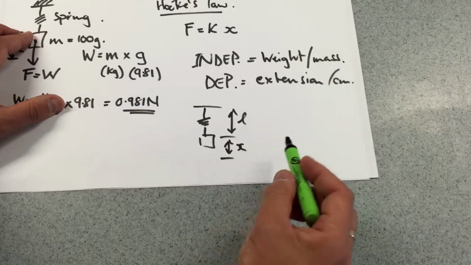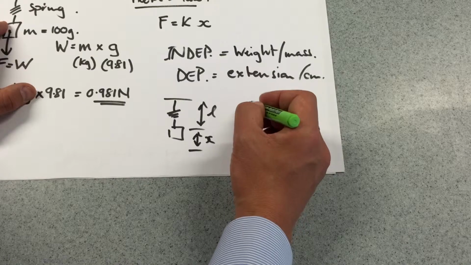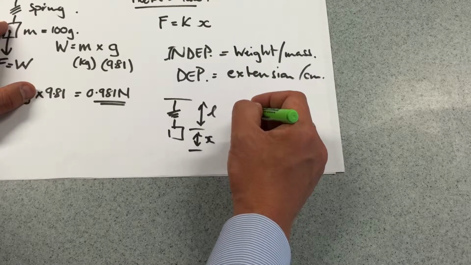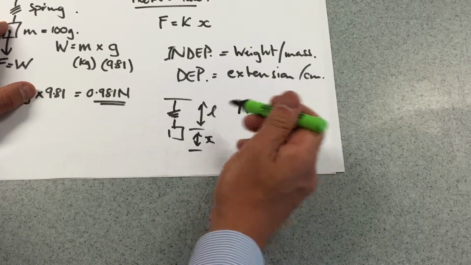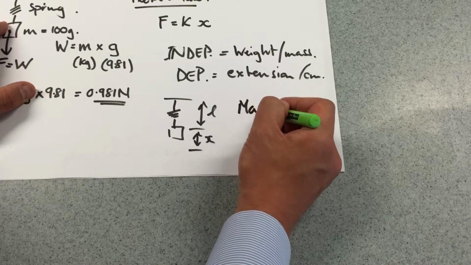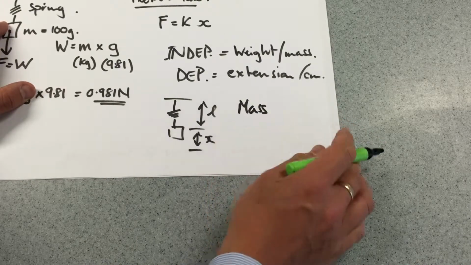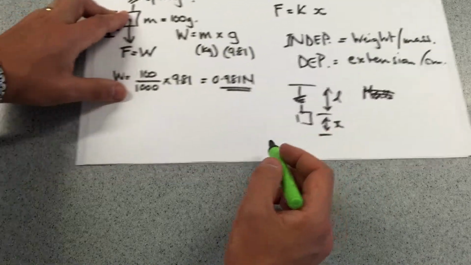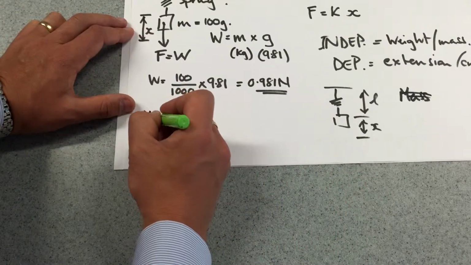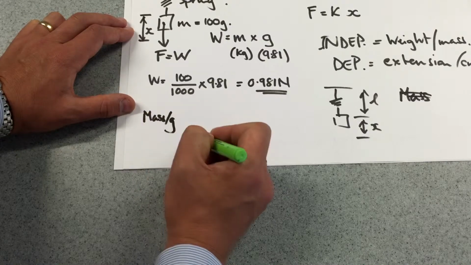So what I'm going to do is, my table is going to have, first of all, the mass, because I'm interested in my independent variable first. And then, let me draw it here because I'm going to need a few columns. So I need my mass first in grams.